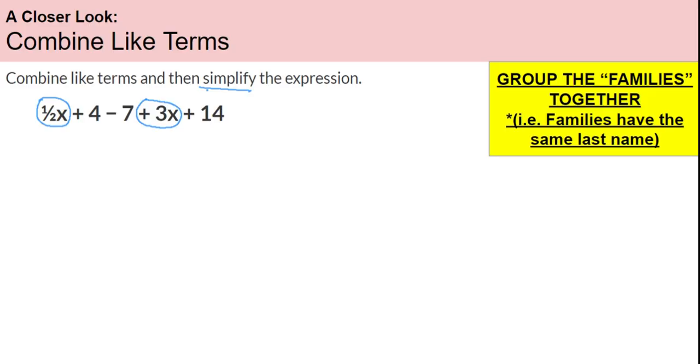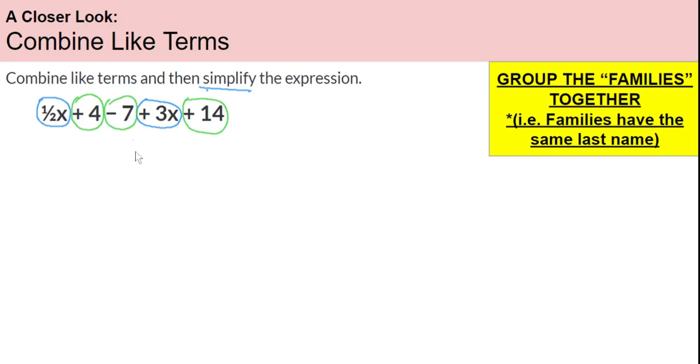All right, what about +4? Do you see any family members for +4? Absolutely. I see +14. Anything else? You see a -7. We'll call this -7.